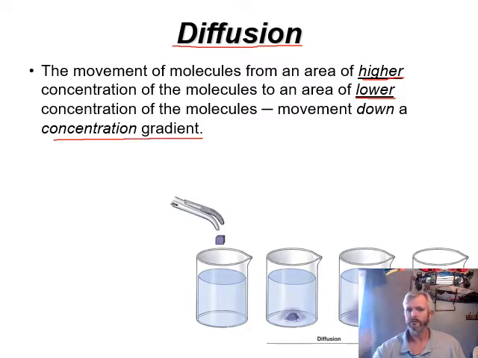Diffusion is moving down the concentration gradient, going from high to low concentration. The driving energy is the kinetic energy in the molecules, the movement of the molecules. This is why cells don't have to use energy. The key is there has to be a gradient though. If the concentration out here is the same as the concentration inside the cell, there's going to be no net movement of molecules. There has to be a difference in concentration between those regions.